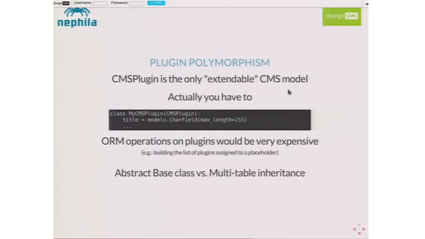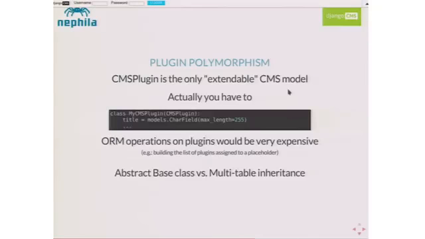But due to the way inheritance is handled in Django, both ways of doing the inheritance, either by using an abstract base class in CMS plugin or multi-table inheritance, would be very heavy in terms of database load, because the CMS does a lot of listing of plugins in a placeholder and reordering of plugins, etc., etc.